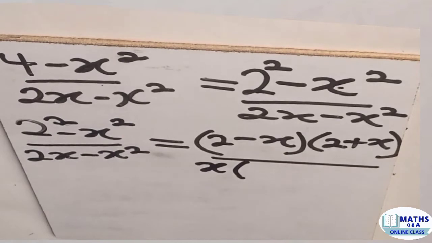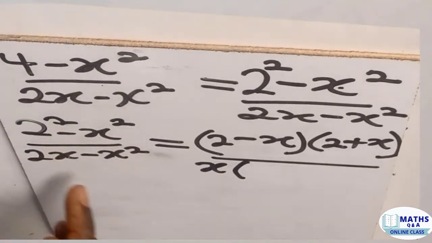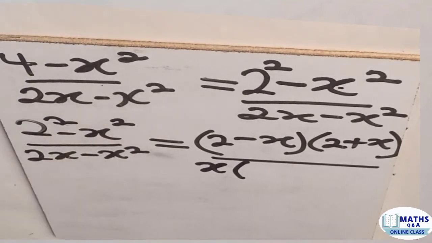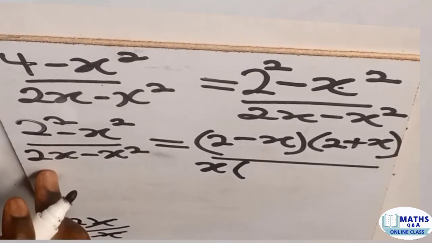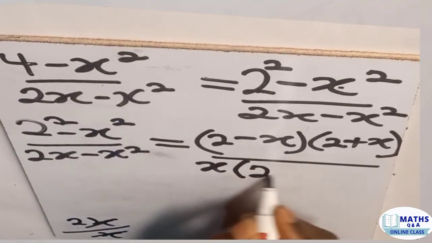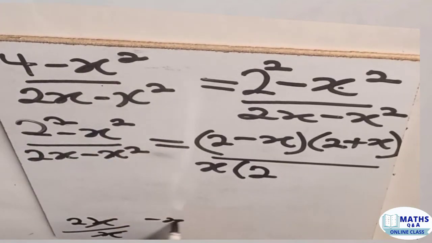Now we open our brackets. After writing our x as a factor of these two terms, what will be left here? Let's solve. We take this 2x, we divide by x, and we get what? x divided by x is 1. Multiply 2 is 2. So it will be left with 2 here. So we write our 2. Now we take this negative x squared, divided by x.